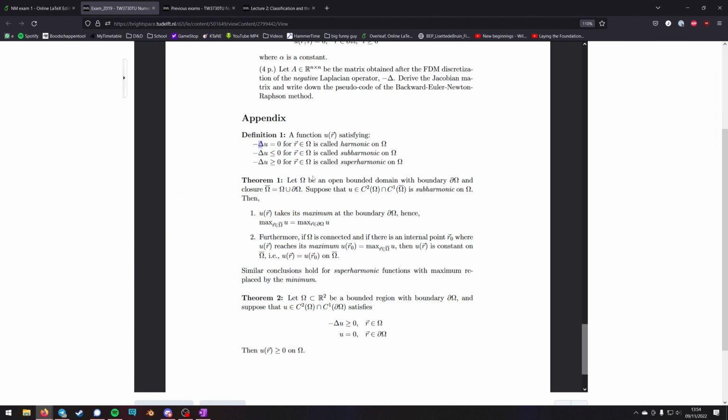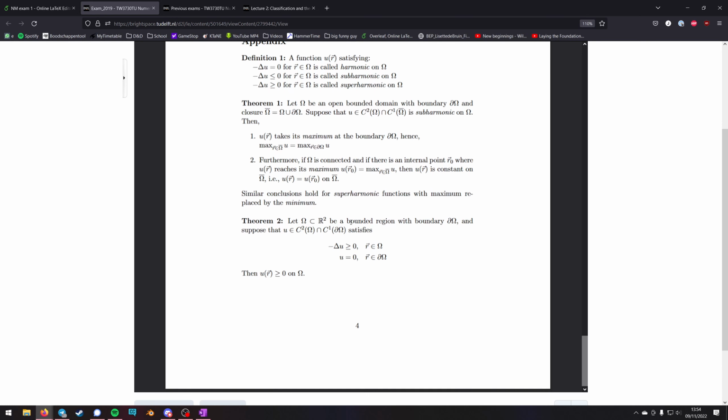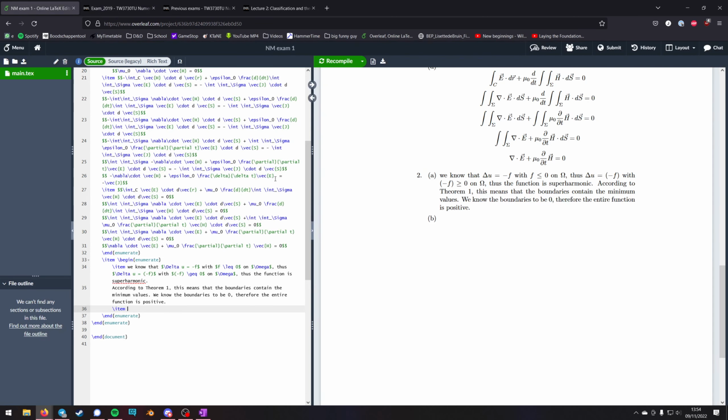Yeah, this is theorem 2. We have minus delta u is bigger than 0, and we also have that u is 0 on the boundary, so u is bigger than 0. So yeah, A is done. Then I'm going to say we know definitely the entire function is positive by theorem 2.